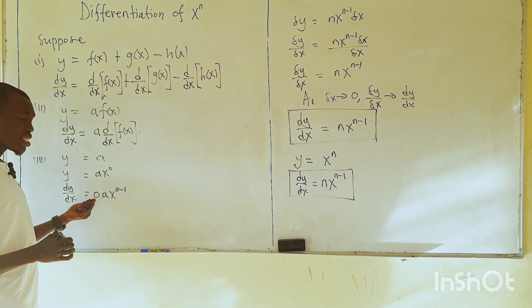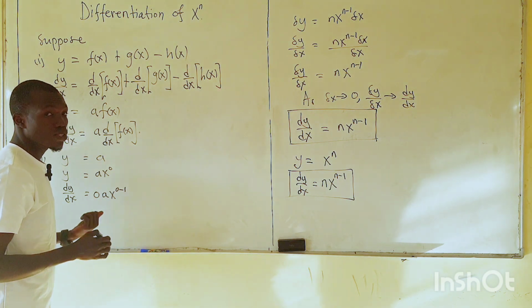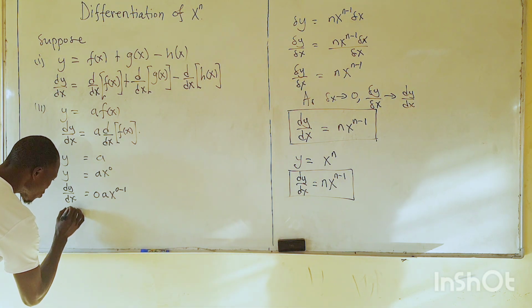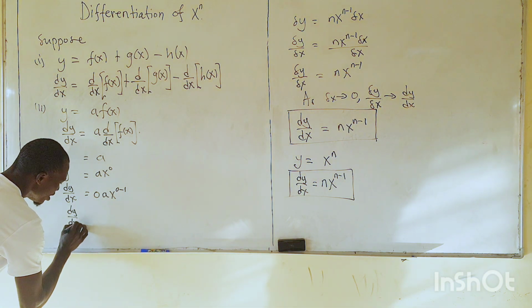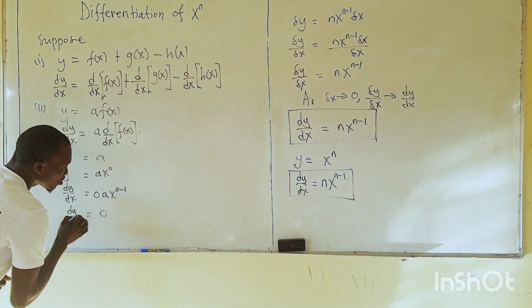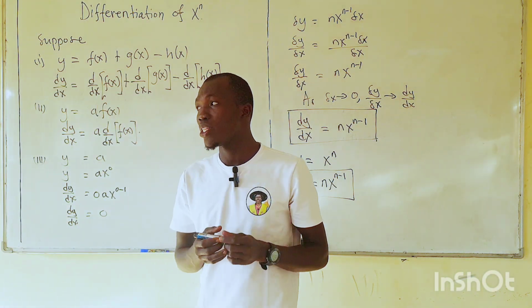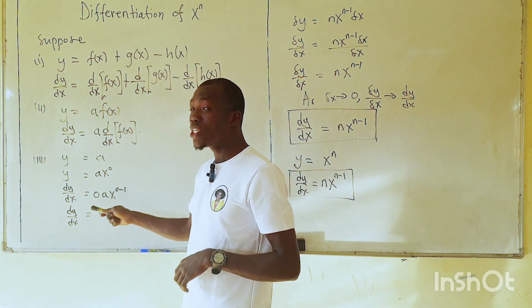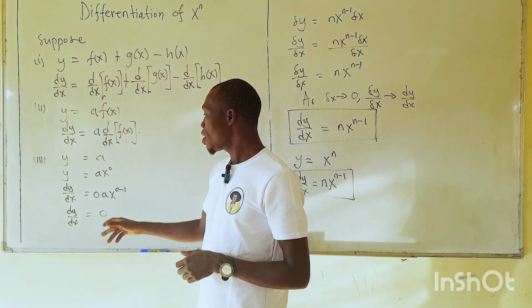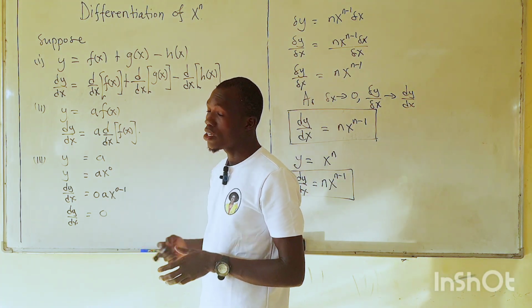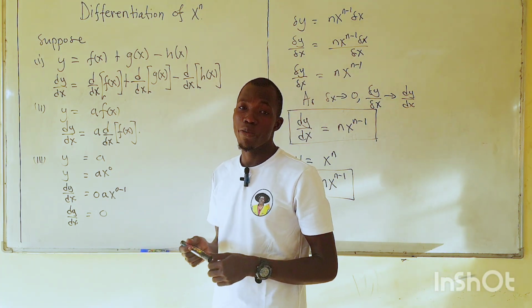Any number times 0 gives 0. So dy/dx of a constant is 0. Whenever we differentiate a function that has only a constant, our derivative will be 0. And this is how it comes about.